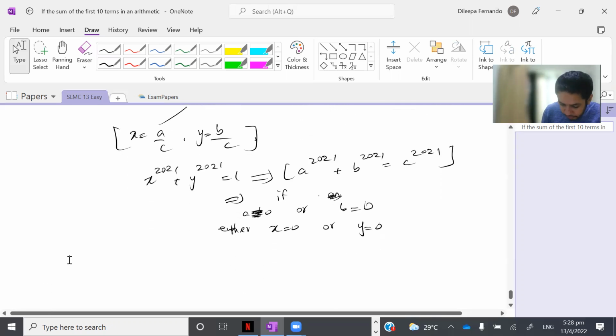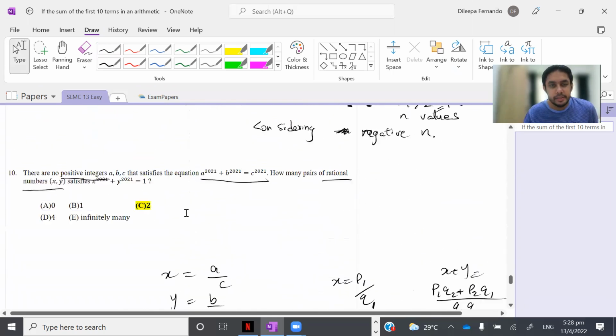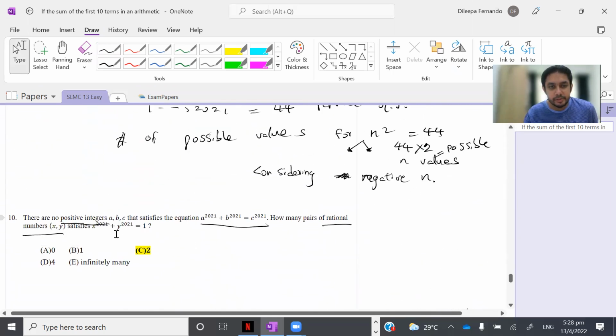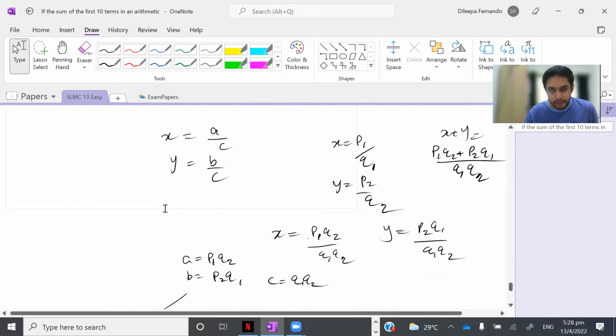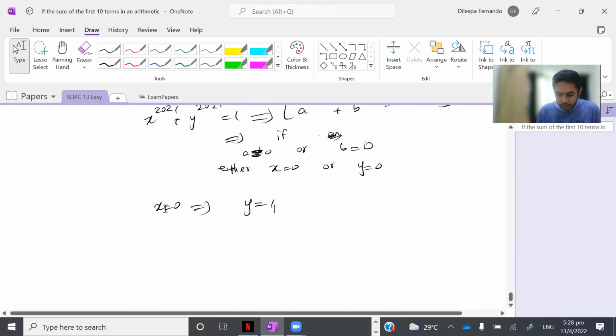Without loss of generality, if x equals 0, then y equals 1 by considering the equation. So that means 0 and 1 is a solution, and by swapping x and y, 1 and 0 is also a solution. So we have found two solutions.